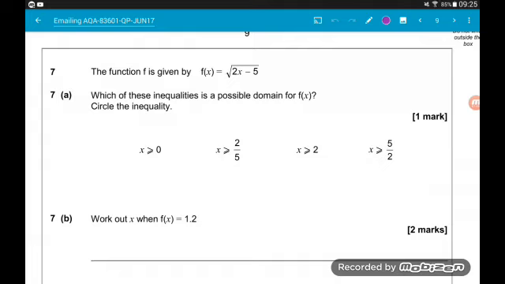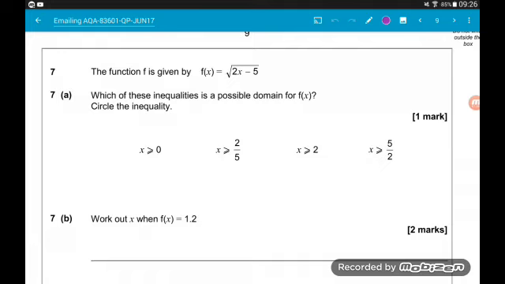So let's think about this function here. We've got the square root of 2x minus 5. So square rooting is going to give us a problem if we have a negative number underneath the square root sign. So 2x minus 5 is absolutely fine to be 0 or above.